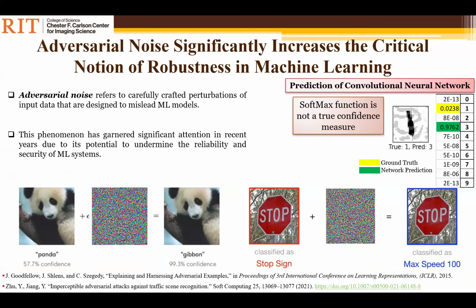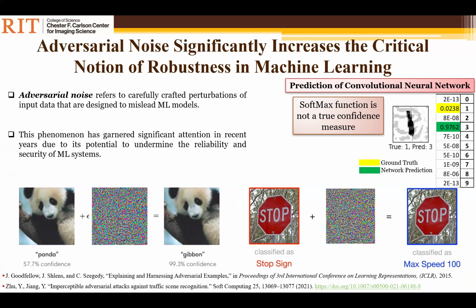This is what made robustness even more important when the idea of adversarial attack came into the literature. So what is an adversarial attack or adversarial perturbation? These are images from the first paper on adversarial attacks, in 2015, where people tried to come up with an imperceptible type of noise that is added to the image.